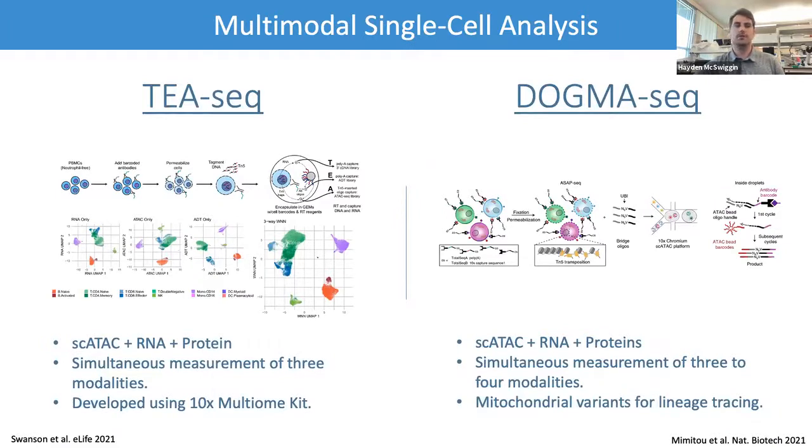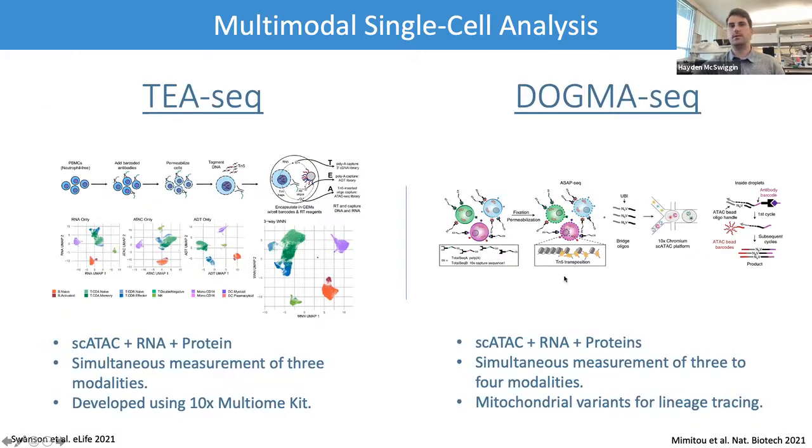So building upon this, researchers are trying to see if they can identify as many modalities in the same cell at the same time as they can. Here are two kind of interesting techniques called TEA-seq and DOGMA-seq. In both of these protocols, they use the 10x multiome assay that I talked about here, but also incorporated some antibodies so they can identify proteins in the same cell also.